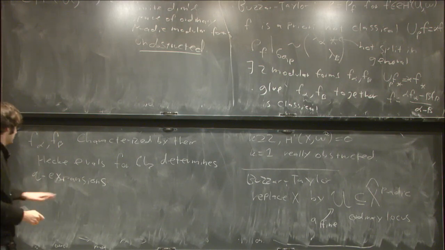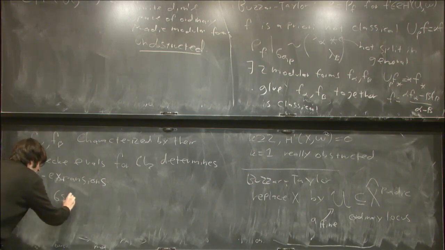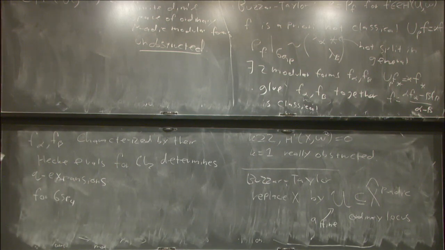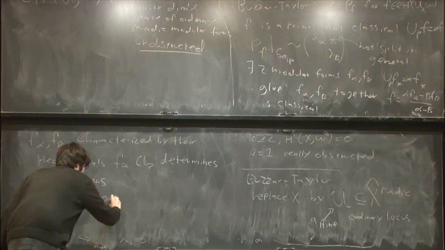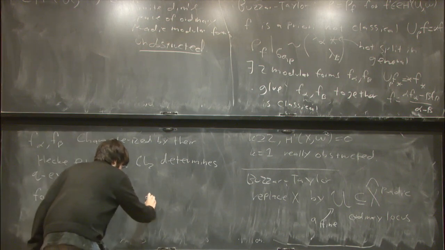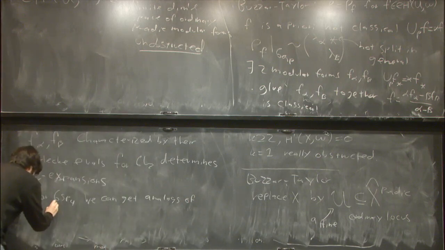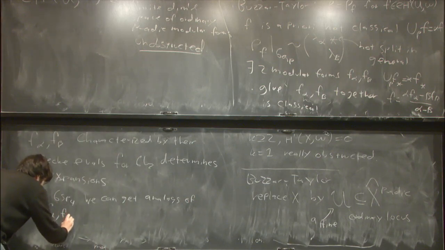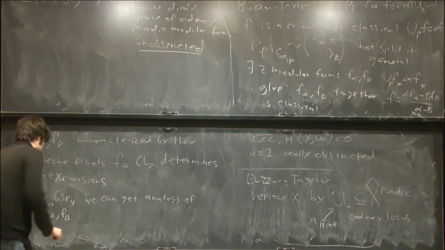And so for GSp4, there is some completely analogous situation, which we'll see at the very end of the talk. We can get analogs of f alpha and f beta, but we can't prove any relation between them a priori.